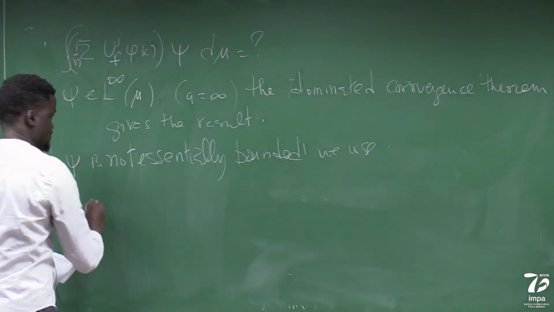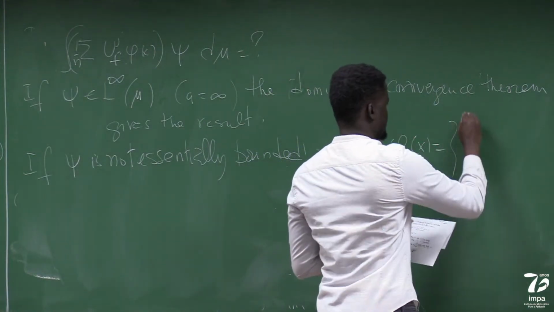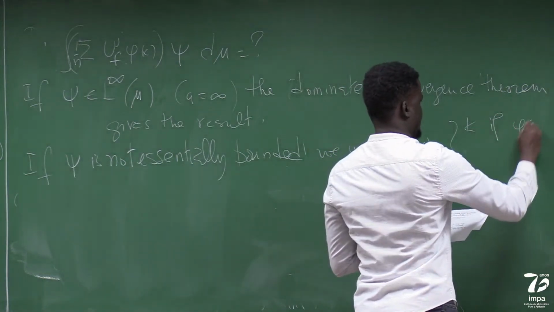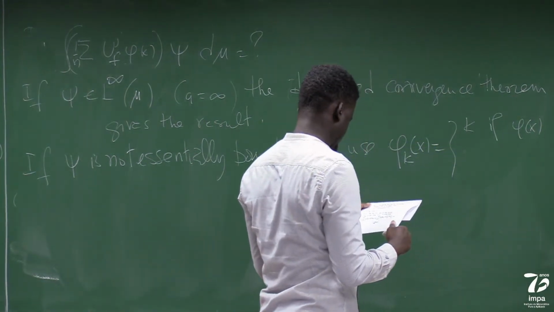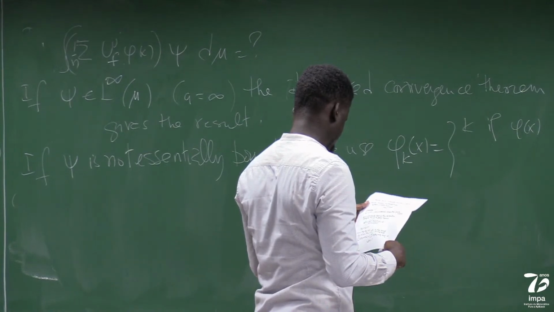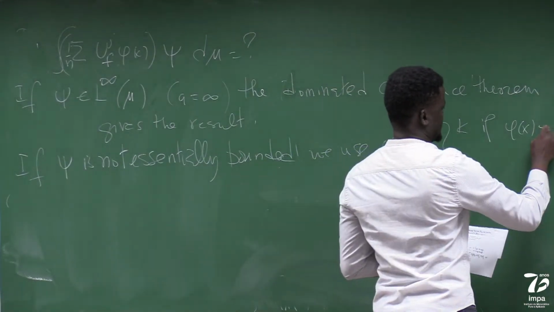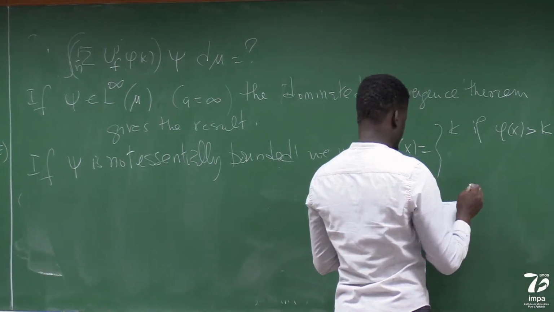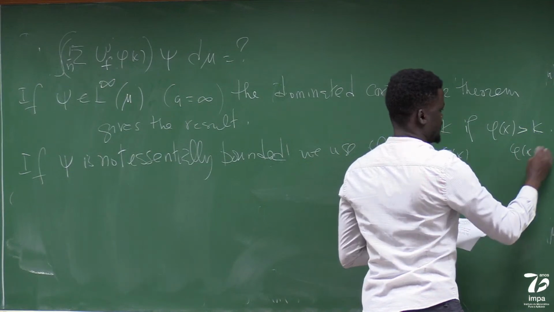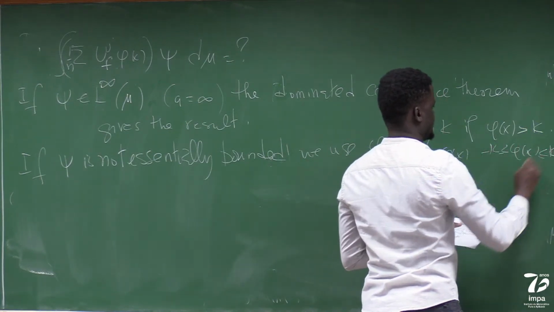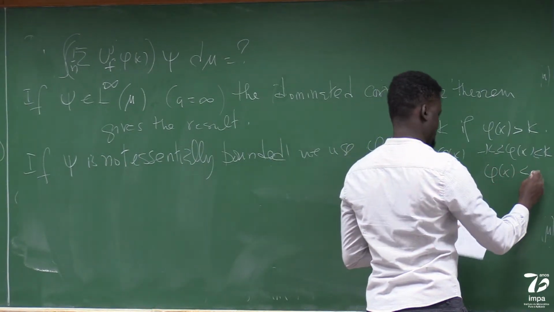we use this sequence C_k of x, which equals k if C(x) is bigger than k, equals C(x) if phi(x) is between minus k and k, and equals minus k if C(x) is less than minus k.